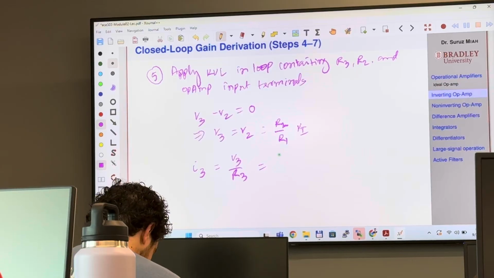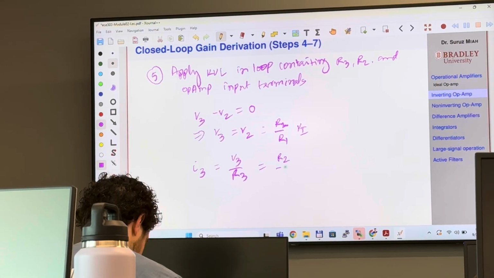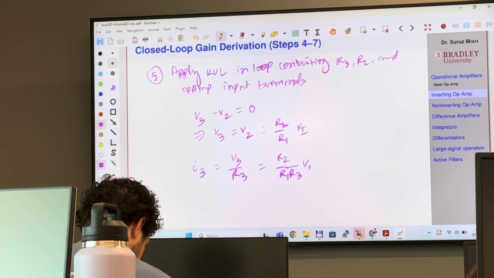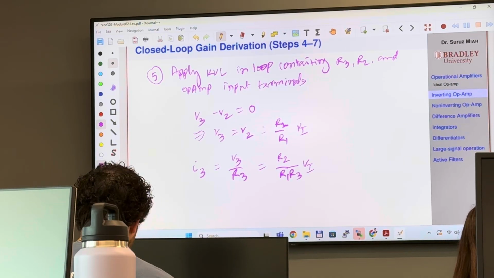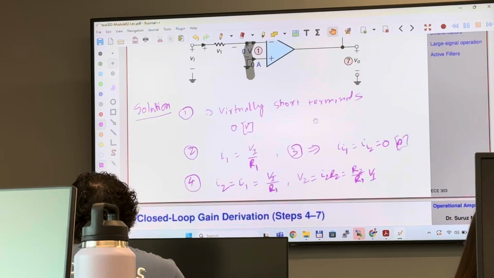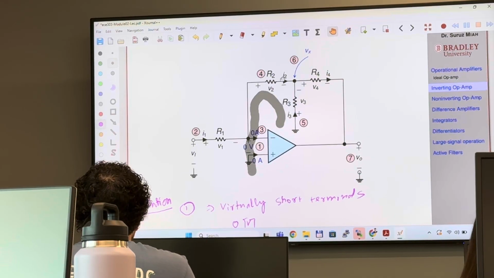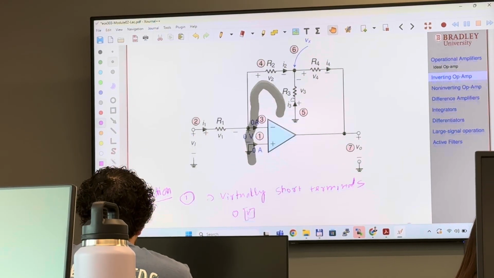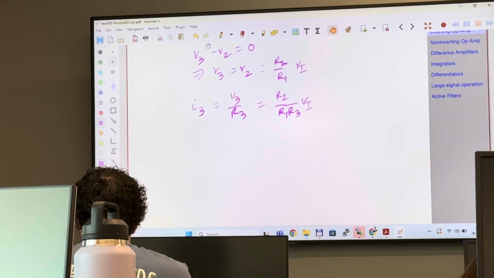So V3 is R2 over R1 times Vi, so you can simply write I3 equals R2 over R1 R3 times Vi. Am I correct? That's what I got. You got it? Okay. So we now found I3, we found I2.